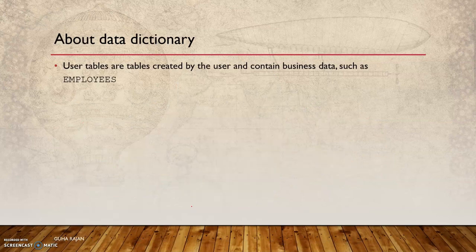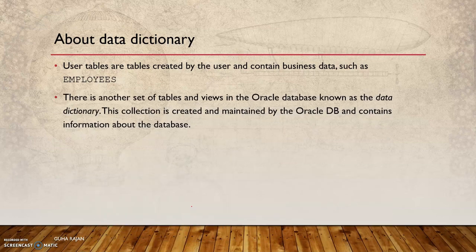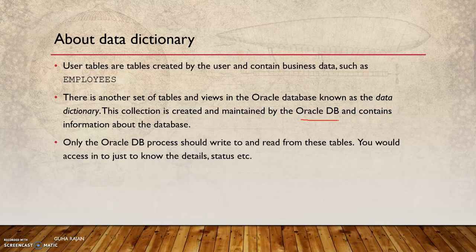User tables, or the tables created by the user, contain business data such as employees. There is another set of tables and views in the Oracle database known as the data dictionary. This is created and maintained by the Oracle server, and contains information about the database.